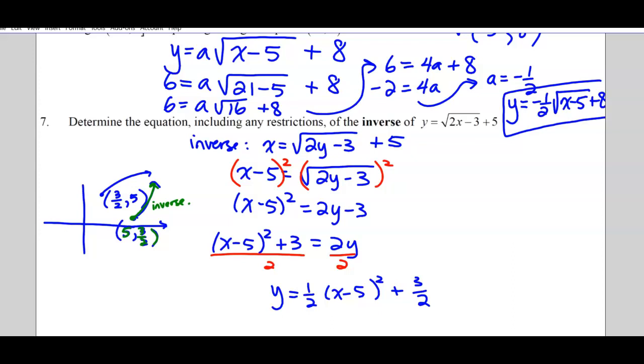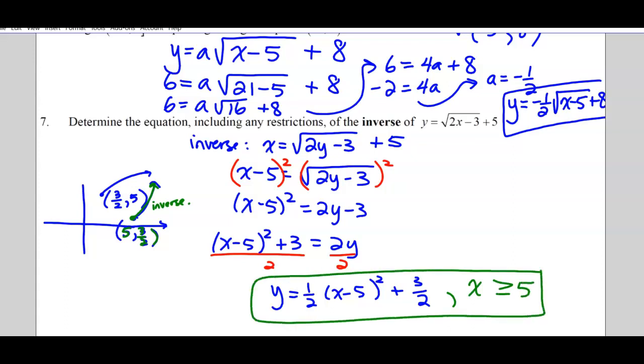In this case, the right-hand one. So I want x to be greater than or equal to 5. Then it's the inverse. You can't suddenly have more of a graph than you had before, right? You take the inverse. And that's it.